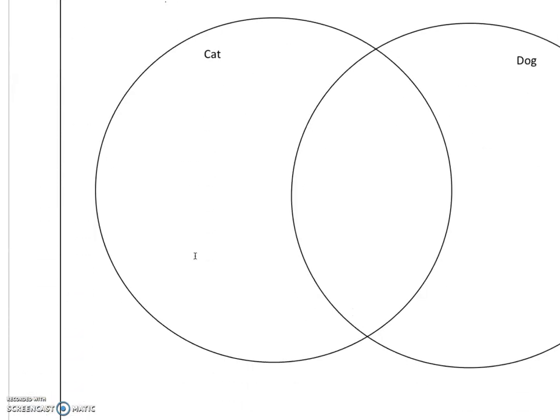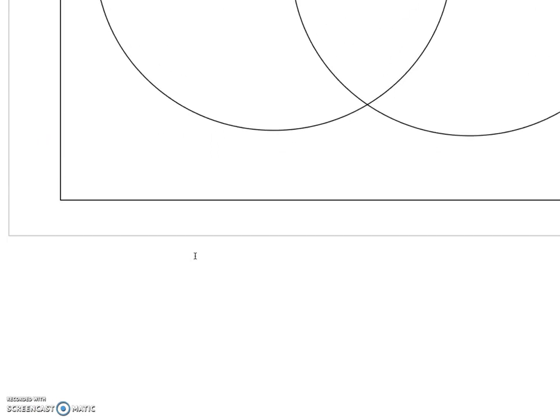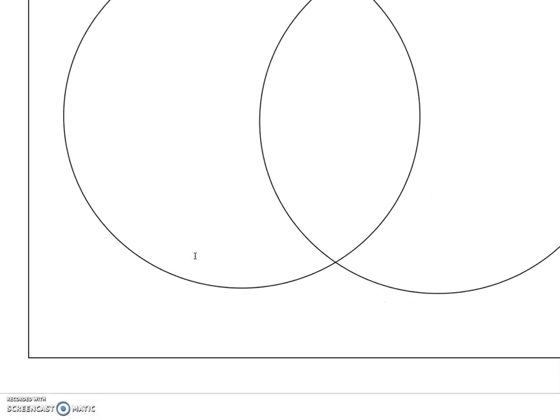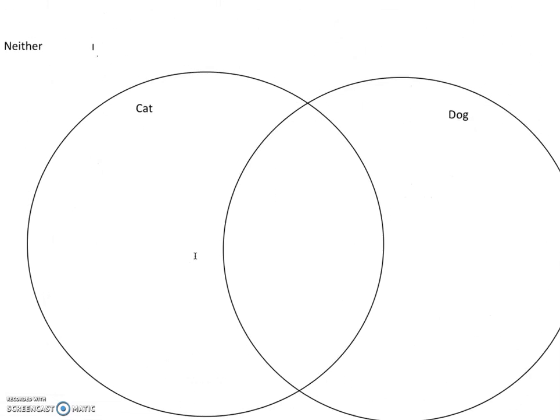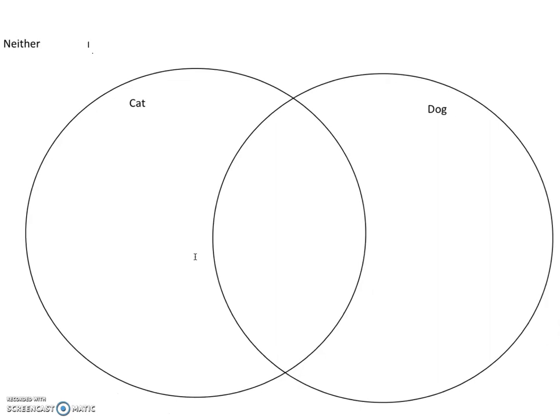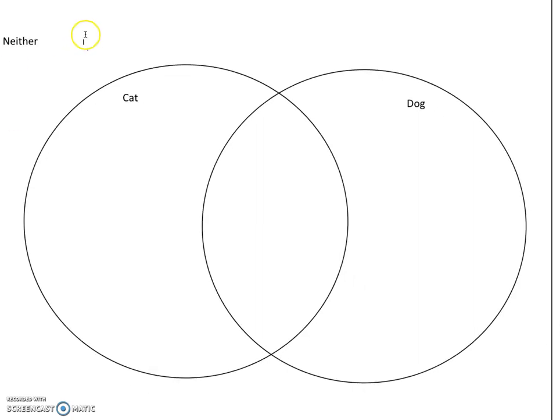So I will add the cutouts to this. I apparently have not done so yet. And let's make this a tad bit smaller. So here's our Venn diagram.